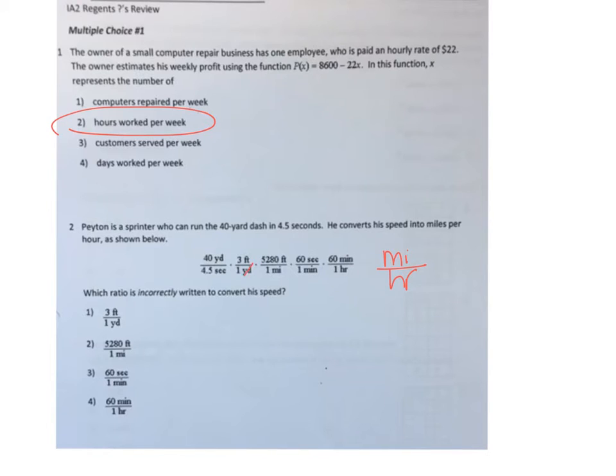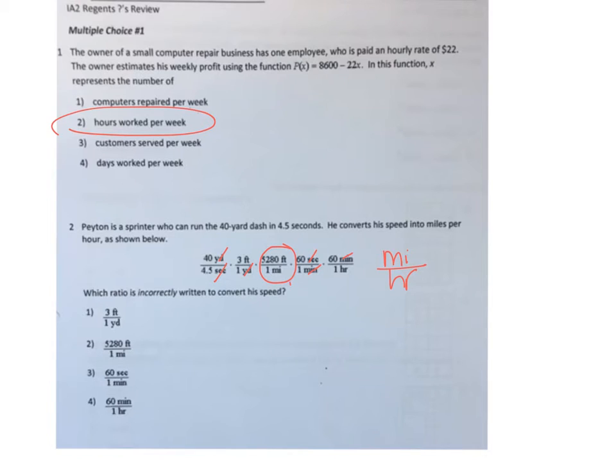So I see I can cross off the yards here. I can get rid of the minutes here. I can get rid of the seconds. The only thing that's missing is being able to cancel anything out here.